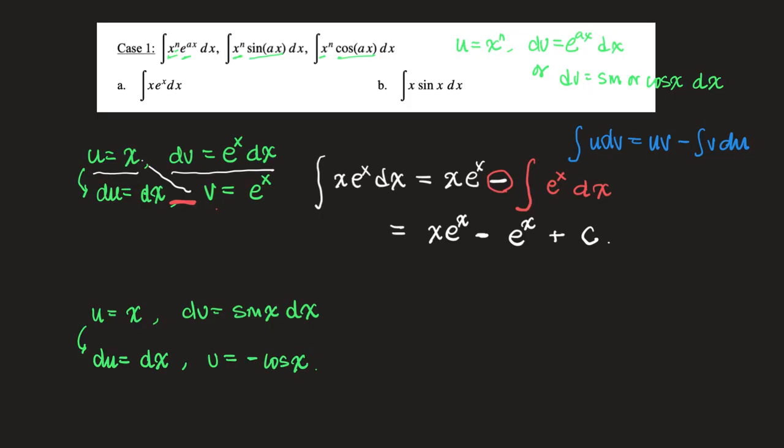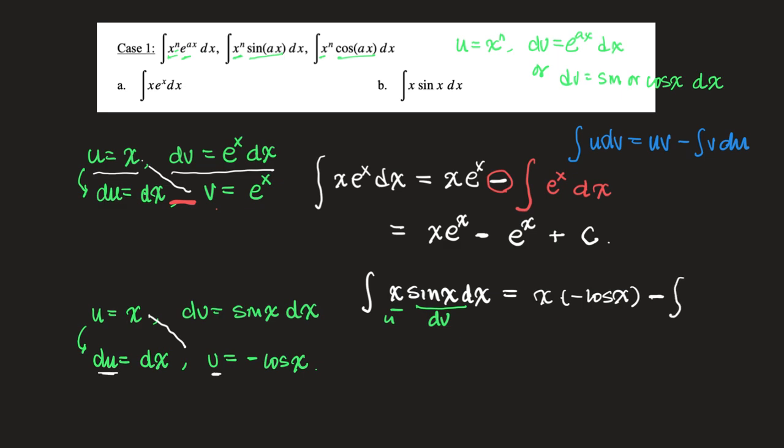Okay, now the second part, the integral of x sine x dx. See that? This one is u and this is dv. So then we have uv, which is x times negative cosine x, minus the integral of v du, negative cosine x dx.